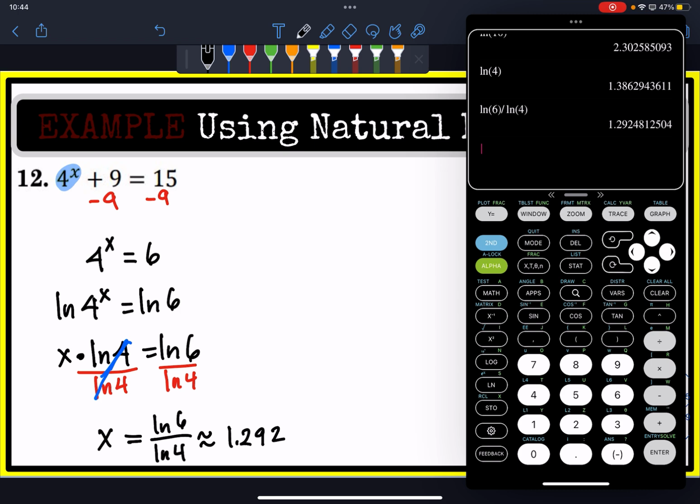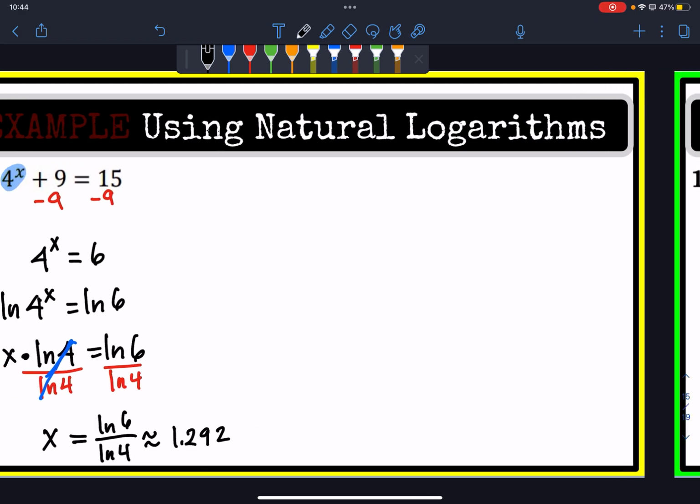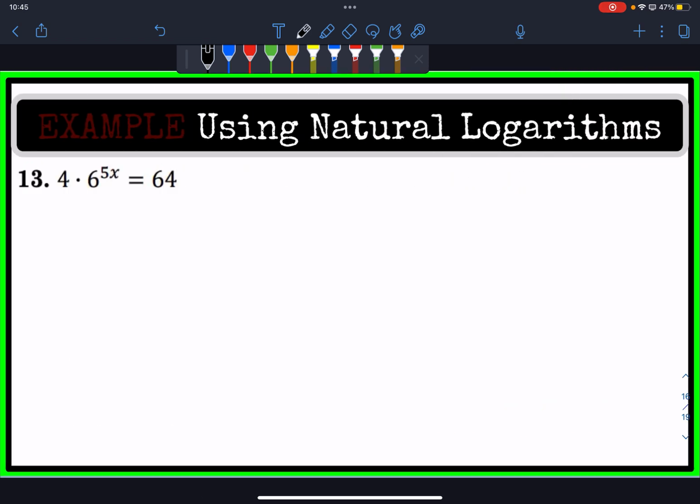Let's do a couple more examples, all right? Just so we could see different variations of how to isolate this exponential expression before taking the natural log. So for this example here, we're multiplying. Our exponential expression is 6 to the 5x power. So we want to isolate this. Because we're multiplying, the inverse operation is to divide. So 6 to the 5x power is 16.